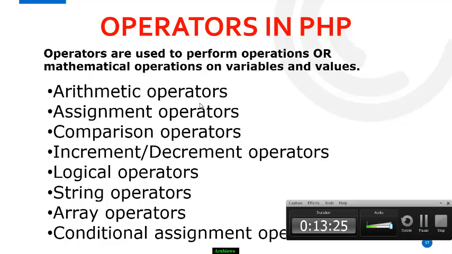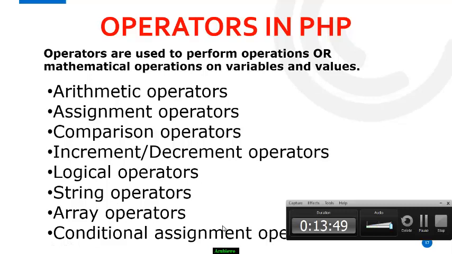So we'll talk about operators now. Operators are used to perform operations or mathematical operations on variables. There are different kinds of operators in PHP. We have the arithmetic operators, the assignment operators, the comparison operators, the increment and decrement operators, logical operators, string operators, array operators, conditional assignment operators, and so on.